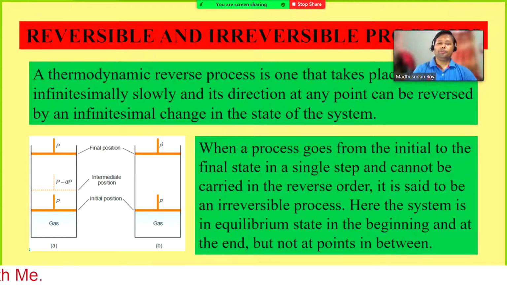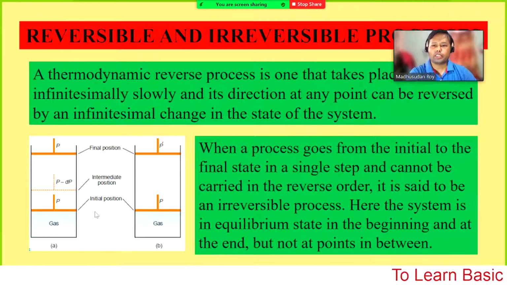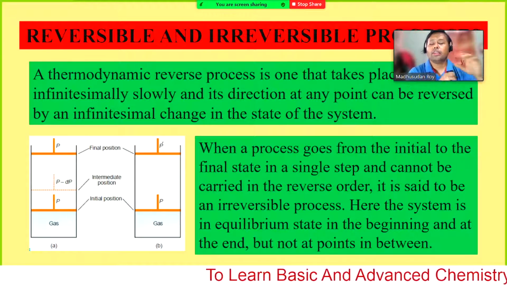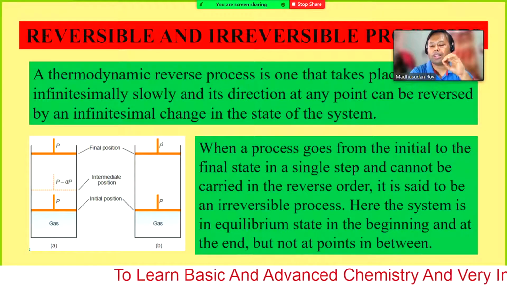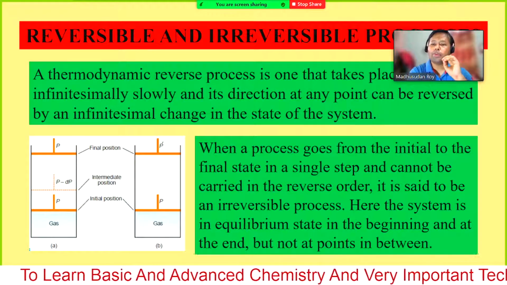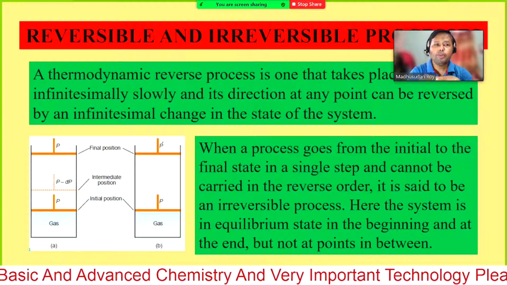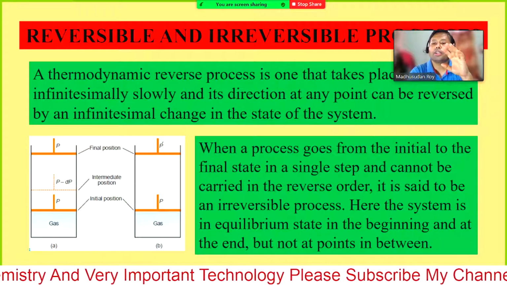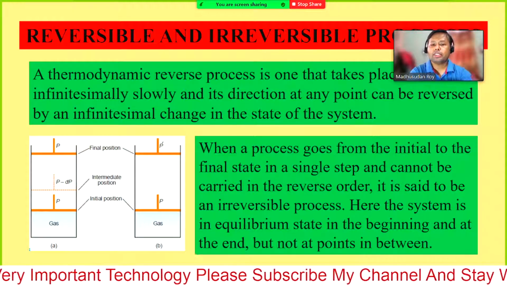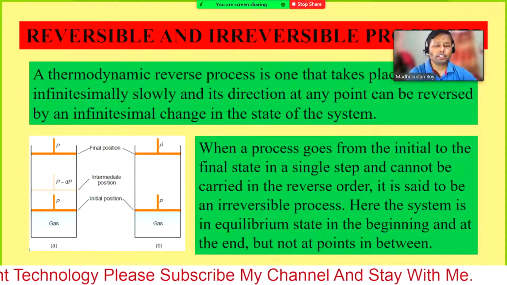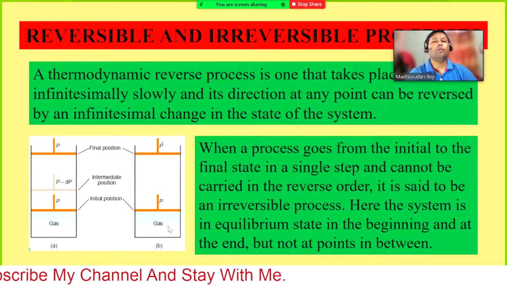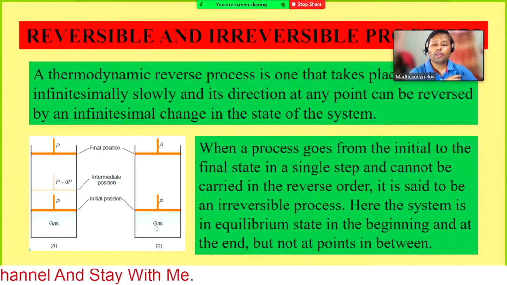And one other thing: the reversible process is a very long-time process, and the density, concentration, number of components, everything is the same at every step of the time, however much change you are making. But in the case of an irreversible process, the system is in equilibrium only at the beginning and at the end.